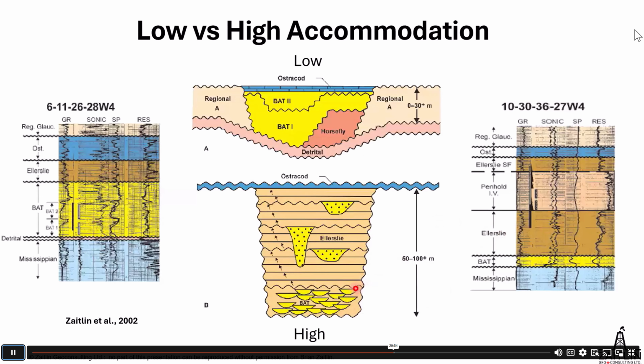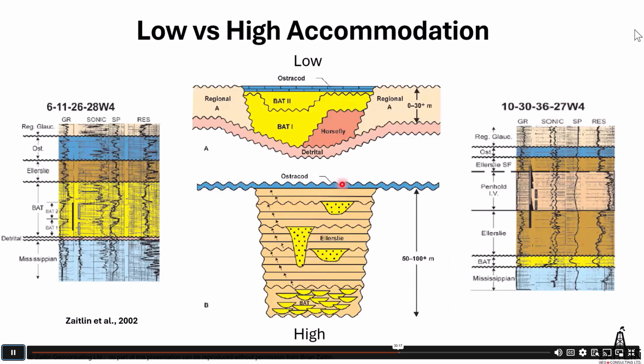So instead of having areas where we had low accommodation and we had sheet-like deposits at the base of a thick incised valley that could be up to 50 to 100 meters thick, we ended up having isolated channel systems within multiple parasequences of estuarine mudstones located in through here.